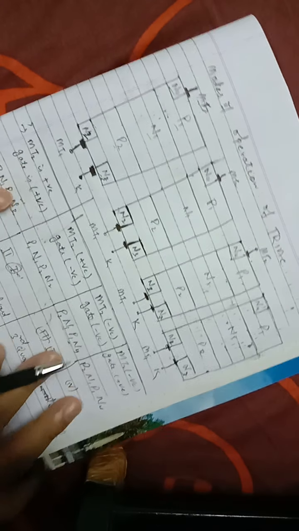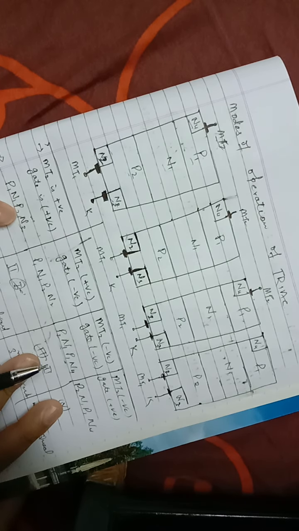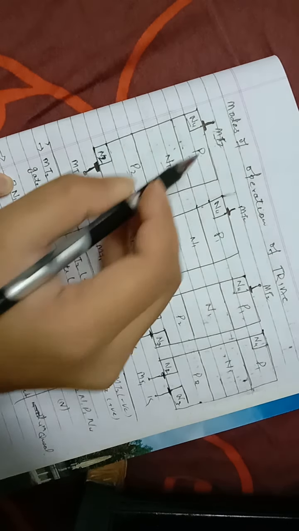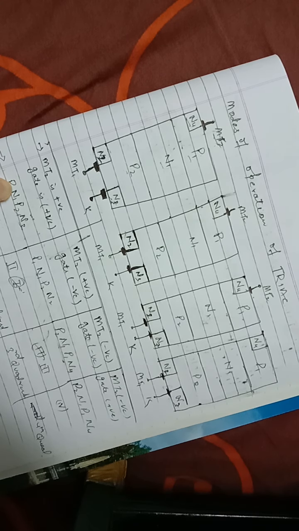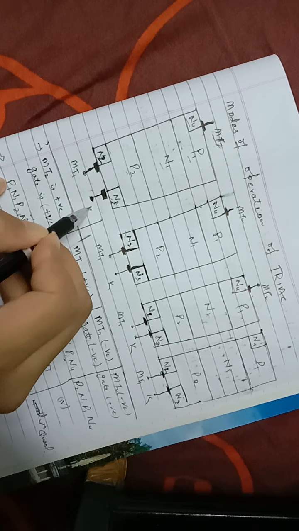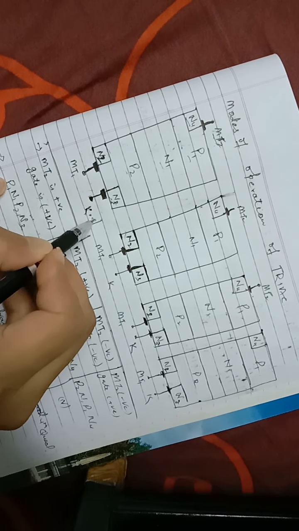So how will we understand the mode of operation? See, the first mode is when MT2 is positive and the gate is positive. The gate signal, you can call it G also.